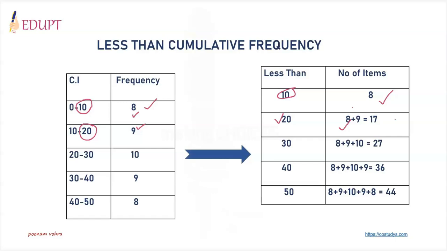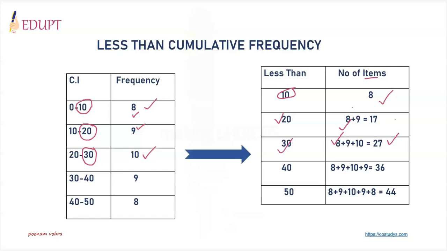Then in the next case, the upper class limit is 30. So we shall find out the values less than 30, which means it will be 8, 9 and 10. So adding the three, it is 27. So there are 27 items which are less than 30.